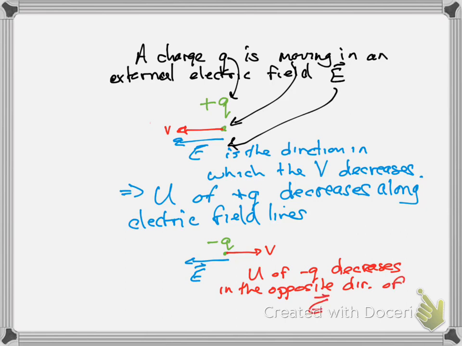I think that if you understand the first part, that the potential decreases along E, and therefore the potential energy of a positive charge decreases along E, then you can think through and say, okay, what if it's a negative charge? It's going to move in the opposite direction.